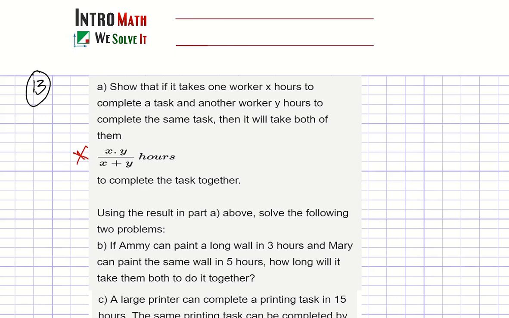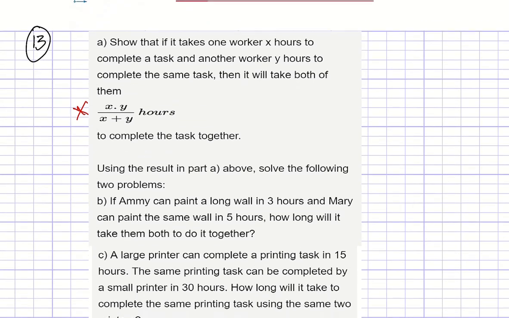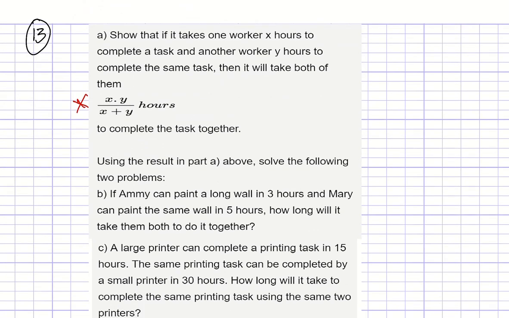Let me show you how that can be derived. Part A is how it can be derived, and then parts B and C you apply that formula to solve the same kind of problem.